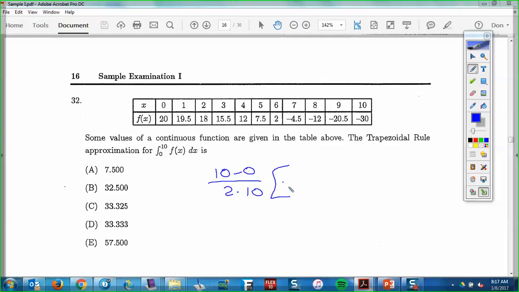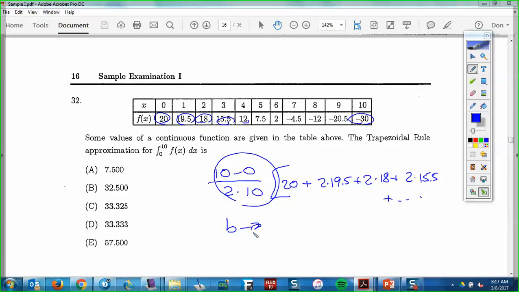So it'd be f of 0, which would be 20, plus 2 times 19.5, plus 2 times 18, plus 2 times 15.5, plus dot, dot, dot. Now, this is calculator one, so you can just go right on your calculator. You're going to do 2 of each of those, and then 1 of the last one, and multiply that by B minus A over 2n, the formula we had yesterday for the trapezoid rule.